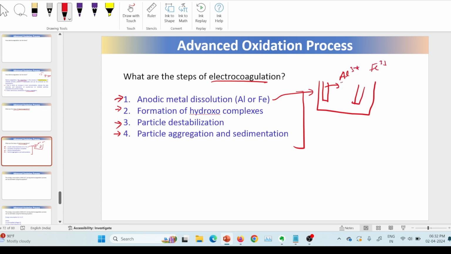This will form Al(OH)3 hydroxo complex that will act as a coagulant. We are supplying electricity to form the coagulant, so it is called electrocoagulation. Then particle destabilization and particle aggregation and sedimentation occur. We are aware of the third and fourth steps; the important thing here is the first and second steps.